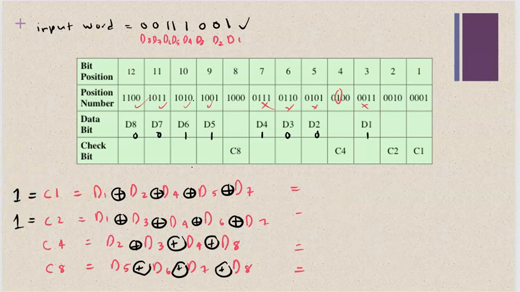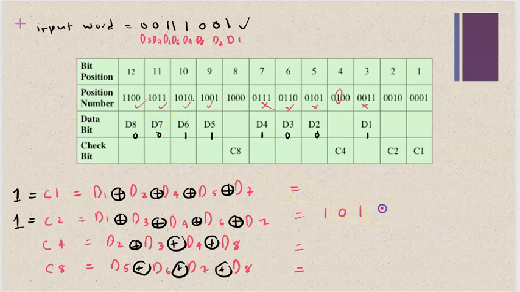So for C2, it is 1 for D1. Then we have D3 as a 0. And then we have D4, 1. Oh, we don't have a D5. Sorry. We have a D6 and a D7.